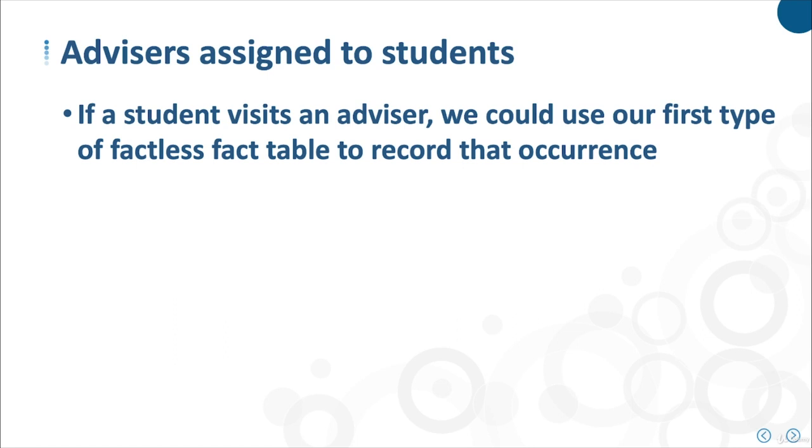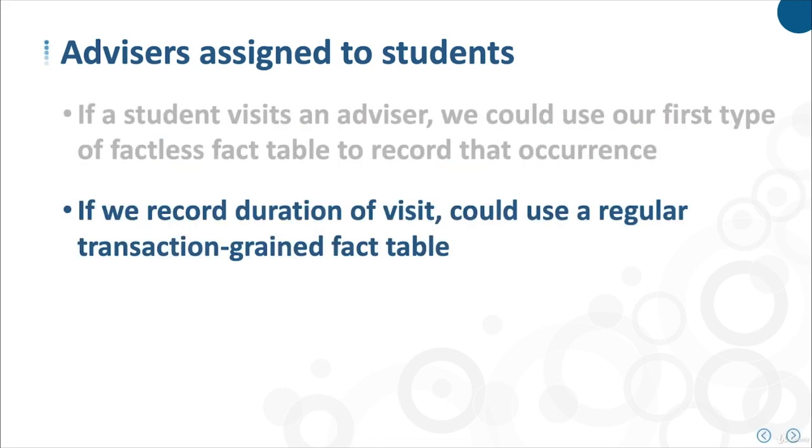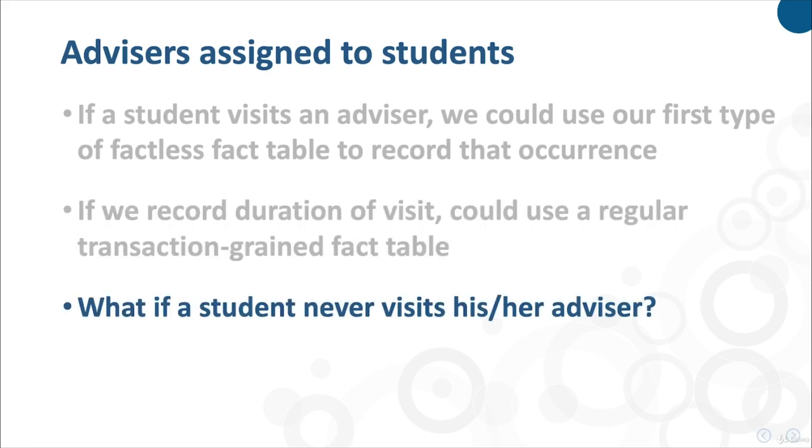A student actually shows up, makes an appointment with an advisor. We know that there is a student-advisor relationship because we have a row in our first type of factless fact table. Let's just say we recorded the duration of the visit. You could actually use a regular transaction-grain fact table to keep track of that relationship.